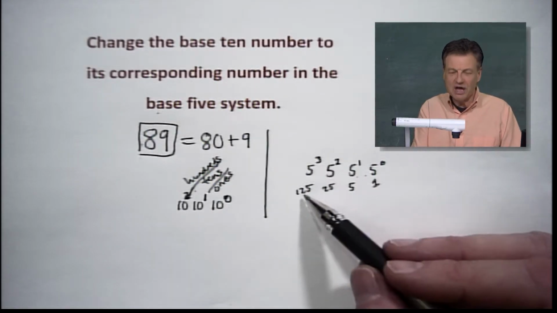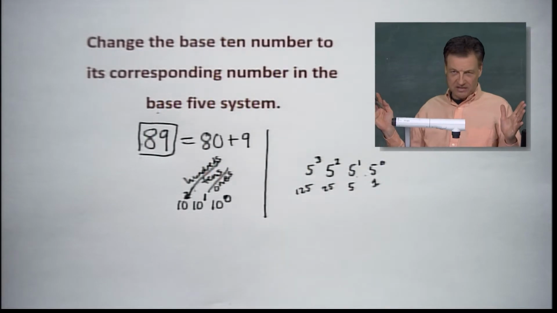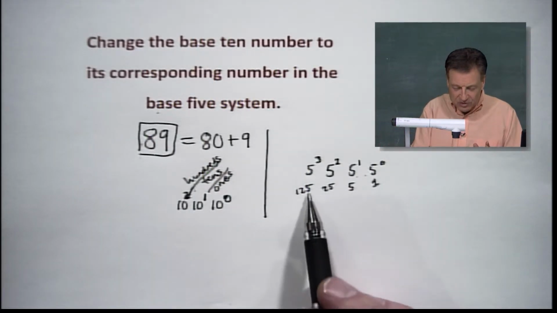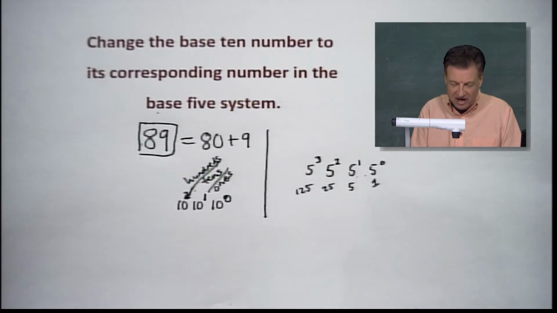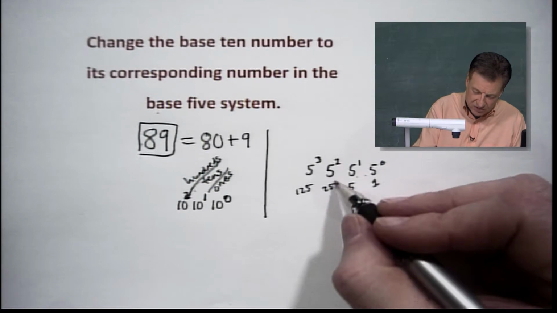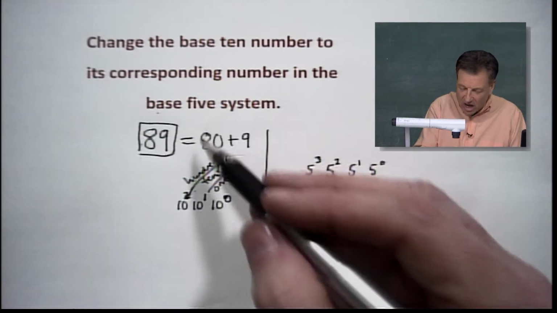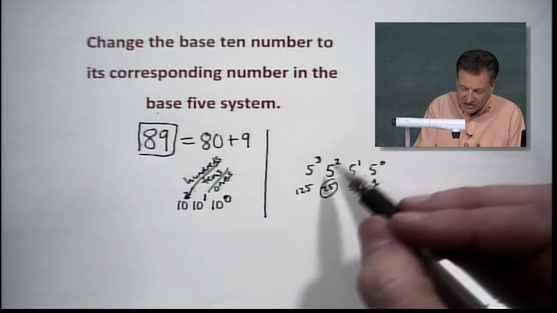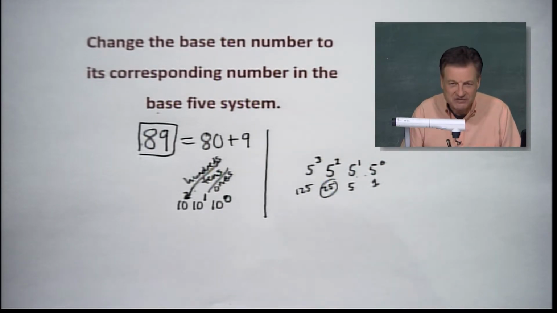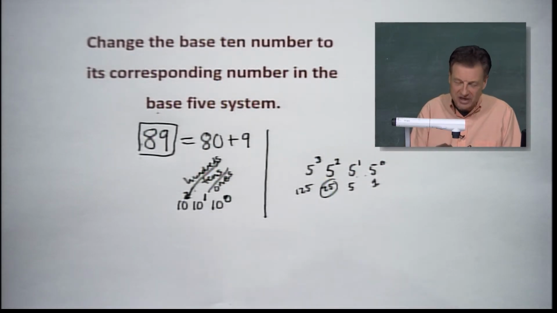I can't go to 125. I've only got 89 to work with. All right, so everybody follow that? I can't pull 125 out of 89. It's not there. But what I can do is go along here and divide this 25, which by the way is going to be like what the hundreds place was in base 10. This 25's place is going to be the same position in base 5. Obviously not the same value, but the same position.